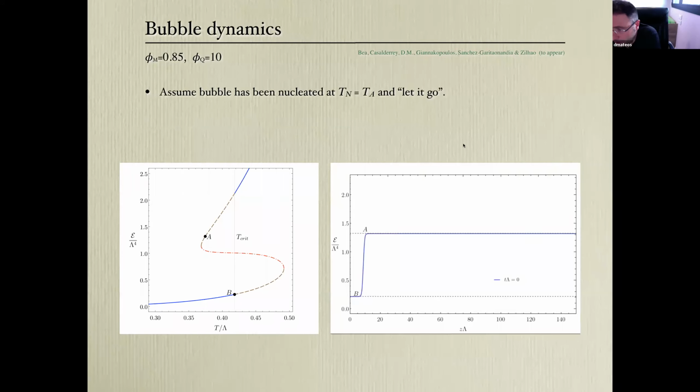Okay, but once this bubble has expanded so far away that it reaches the end of the box, it cannot keep doing this because it reaches the wall and it will bounce back. And then you will end up at asymptotically late times with a phase-separated configuration or not, depending on the average energy density between A and B. Okay?